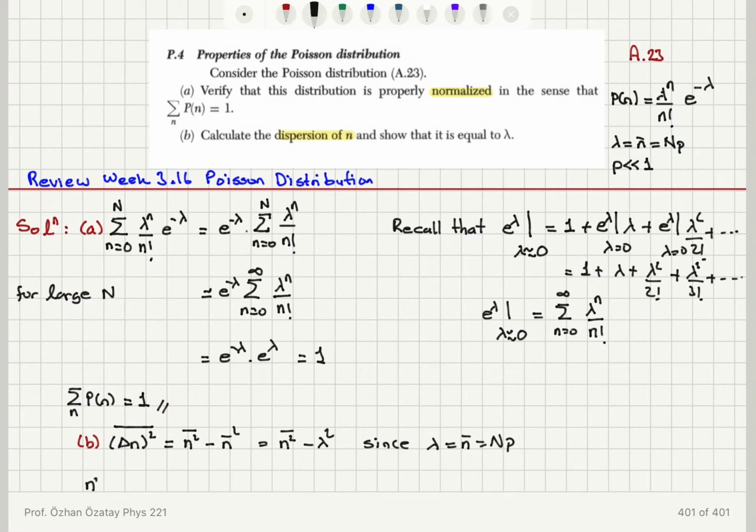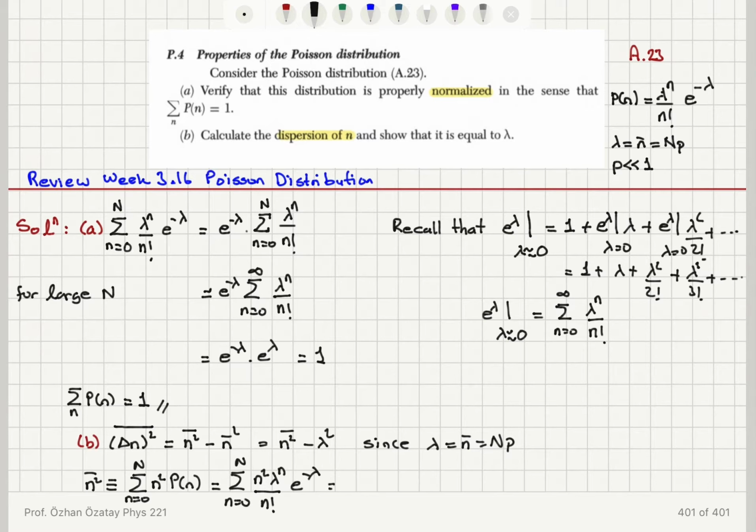So n squared bar is by definition sum over n from 0 to capital N, n squared times the probability distribution for n. So this is going to be sum n equals 0 to capital N, n squared lambda to the n power divided by n factorial e to the minus lambda.